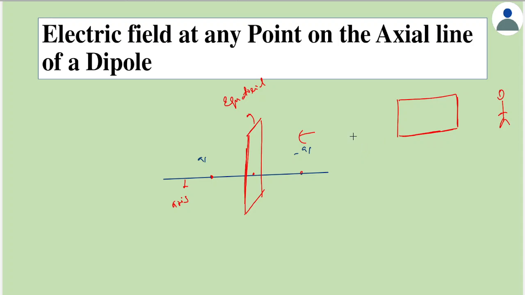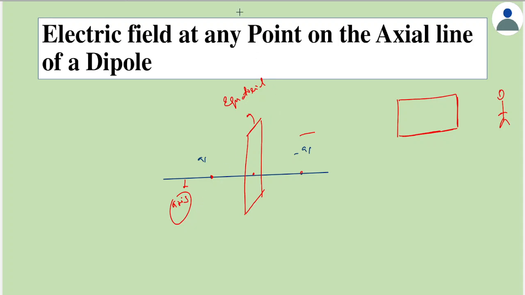Many books will just draw a line, but basically it is a plane called the equatorial plane. So these are important lines or planes for a dipole. One is the axial line, which is passing through the two charges, and one is the equatorial plane.